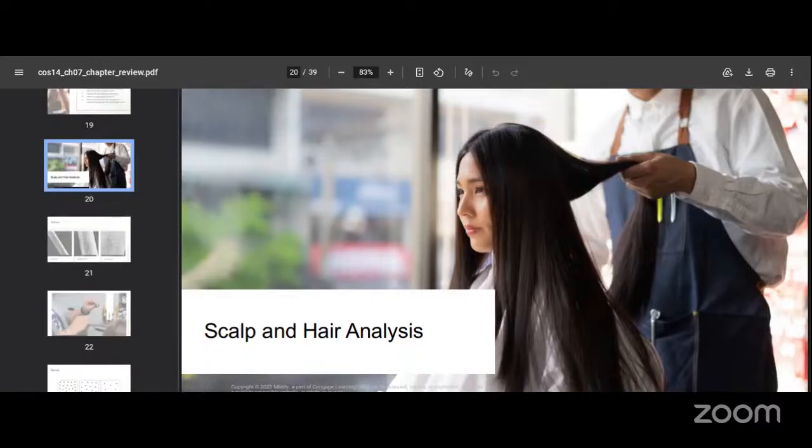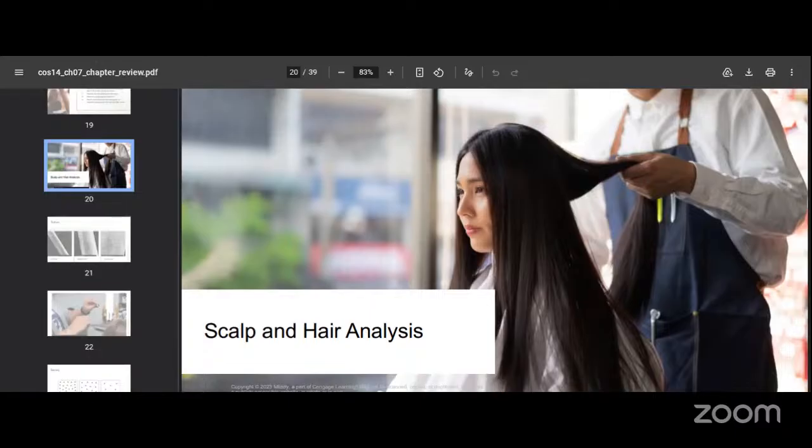As a cosmetologist, a beauty professional, there's always a conversation and an analysis before you start any service. A lot of times we see shortcuts, and there are so many ways to do things that people tend to want to get it done fast or take the easy way out.